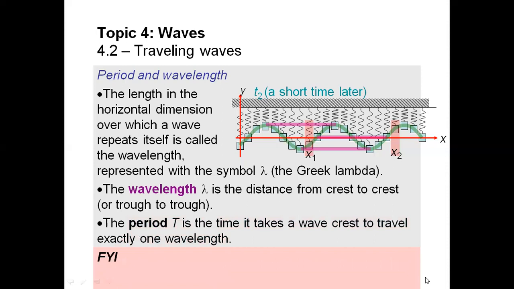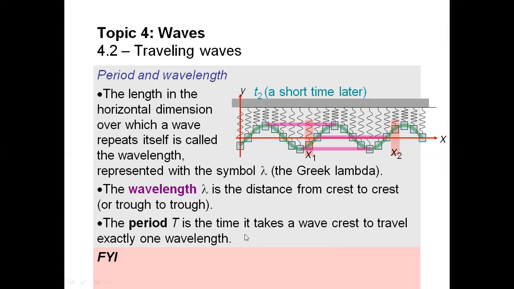Okay, the period, which we show as T, is the time it takes a wave crest to travel exactly one wavelength. Okay, it's going to be the period.